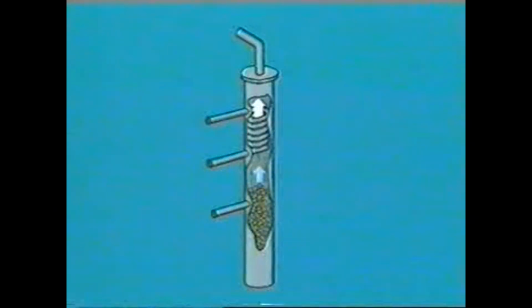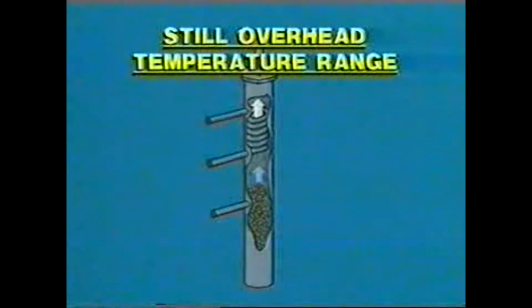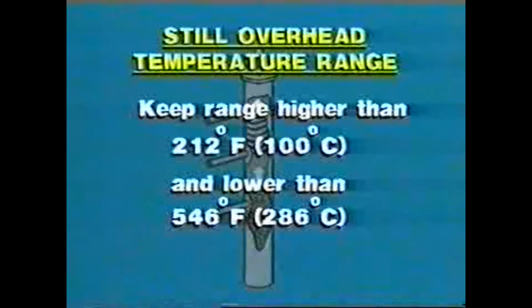Remember what the still column does. It removes water from rich glycol, and it recaptures glycol trying to leave with water vapor. The temperature range we want to set for the still overhead temperature is between where water boils and where glycol boils. It's easy, because water boils at 212 degrees Fahrenheit and triethylene glycol boils at 546 degrees Fahrenheit.